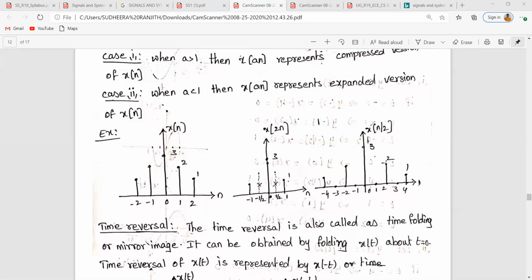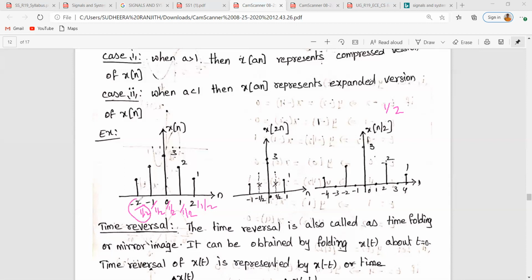So the next one is x of n by 2. Here the scaling factor is 1 by 2, isn't it? Divide the entire time scale by the value of 1 by 2. Now it is mapped to minus 4.